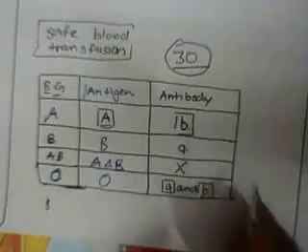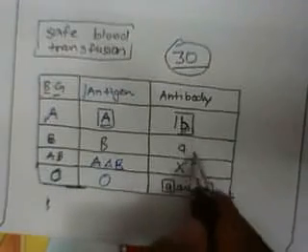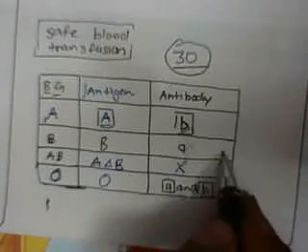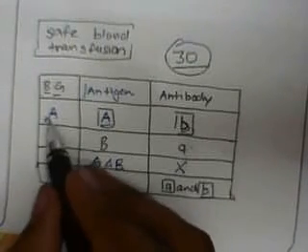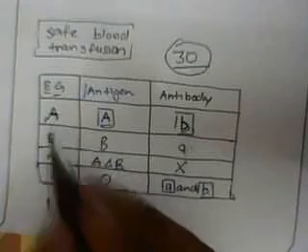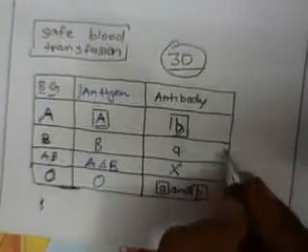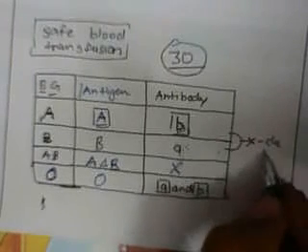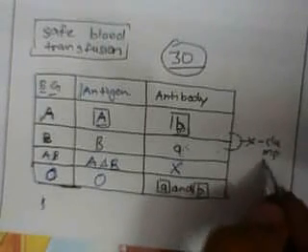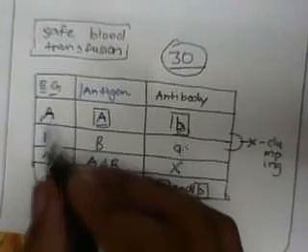That means, as we know that B is anti-B and A is anti-A, if you give B's blood to someone who has A blood group in his body, then we are going to have clumping again, because these two are not compatible with each other.